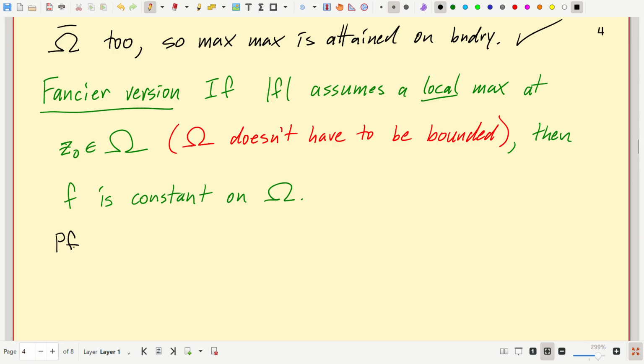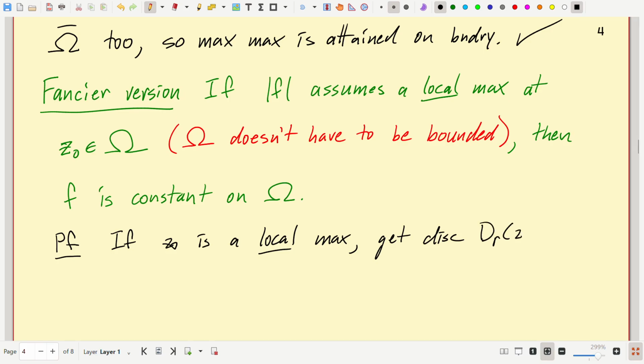So the proof: if it had a local max, then that means that you'd get a disk, D r about z naught, contained in omega, make it a closed one, where the modulus of f of z naught is the max. That's what it means to be a local max.